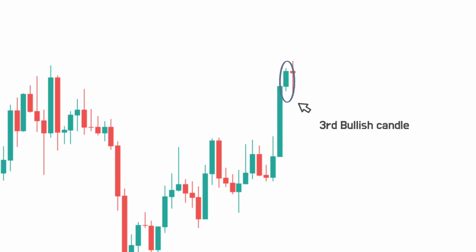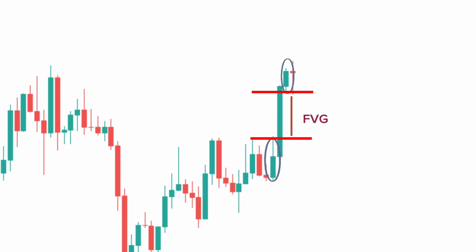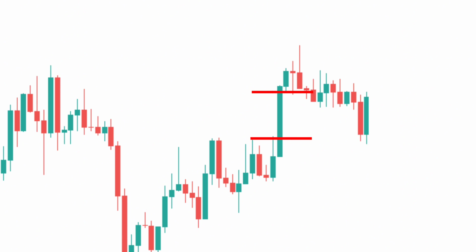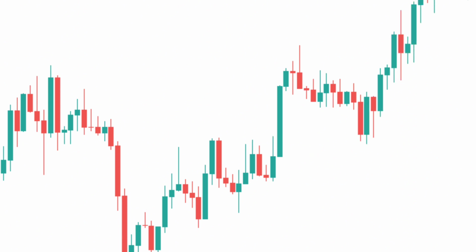The third candle is a bullish candle, indicating a strong upward momentum. This candle creates a gap between its low and the high of the first candle, which is the FVG. You can see the price returning within the gap created by the third candle for a continuation of the upward trend.